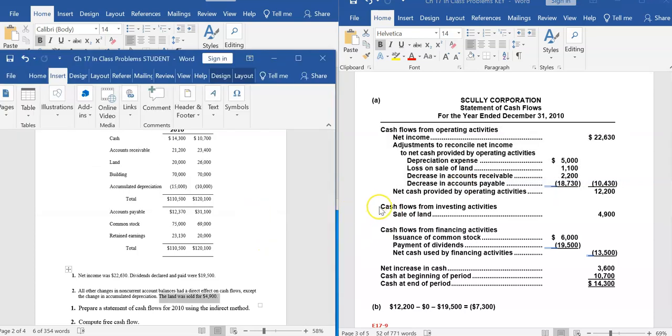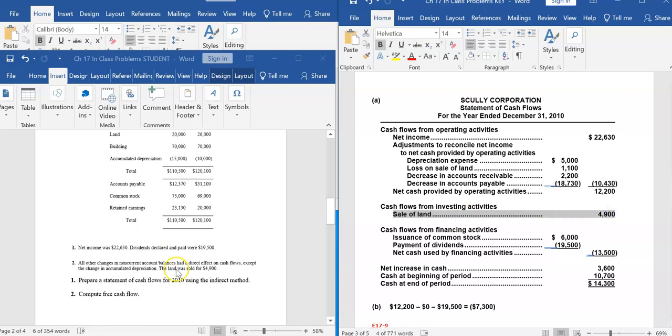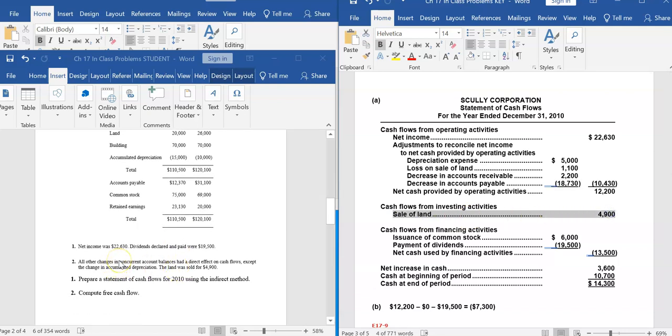The next section we need to prepare is the investing activities section. In this section, we're going to show cash flows from investing activities, such as buying and selling investments, buying and selling property, plant, and equipment. We previously discussed the one item that was identified in the problem as an investing activity, which was a land sale.